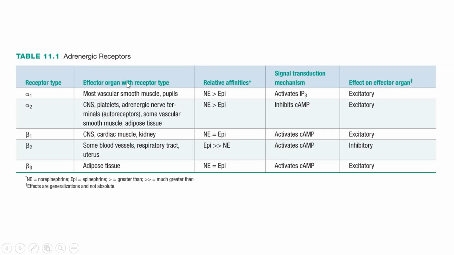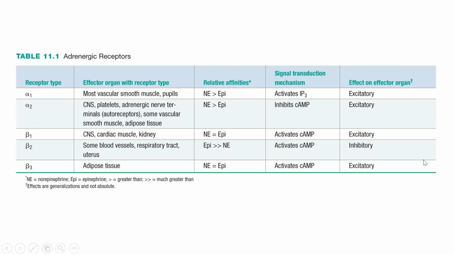So it's going to show the effect on the organ, or the effector organ that the receptor is located on, the varying affinities for the receptor, so whether it prefers epinephrine or norepinephrine, or whether it has an equal affinity for both. This is also showing the effect on the second messenger, so whether it activates or inhibits its second messenger. And then it's also showing the effect on the effector organ, so the tissue that it's located on in itself.